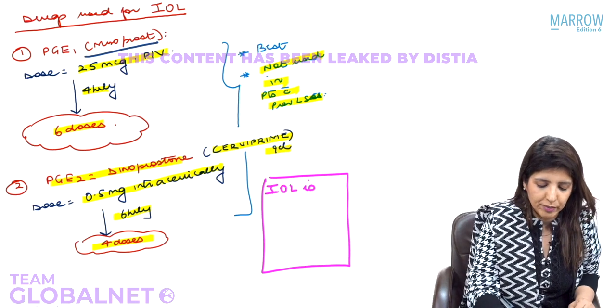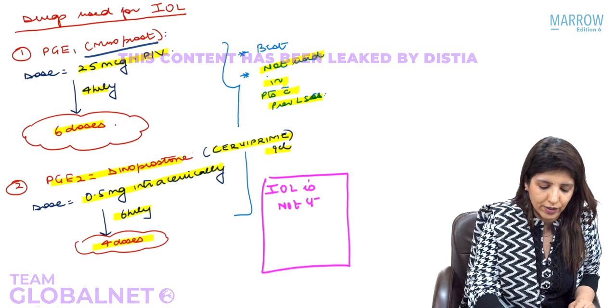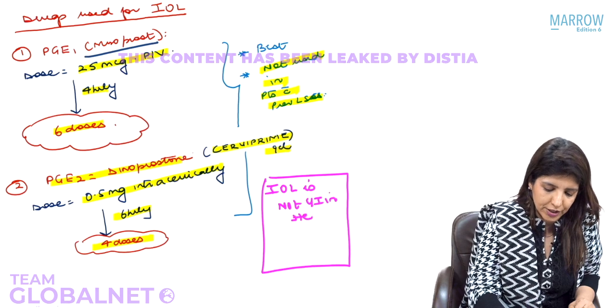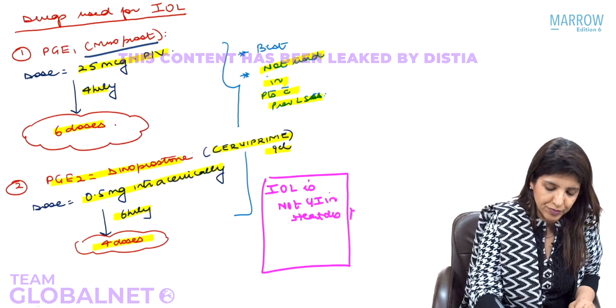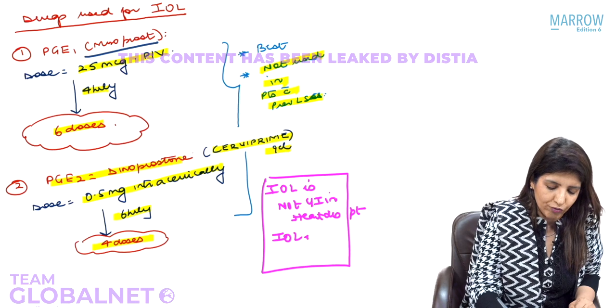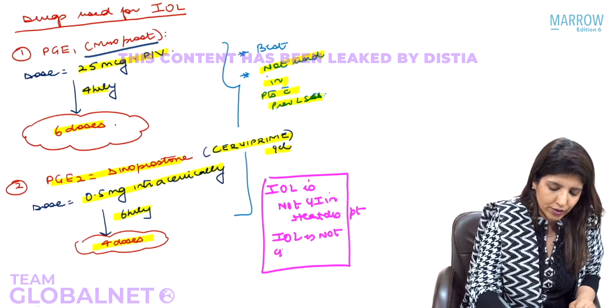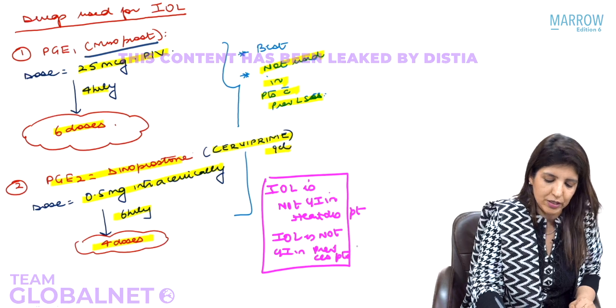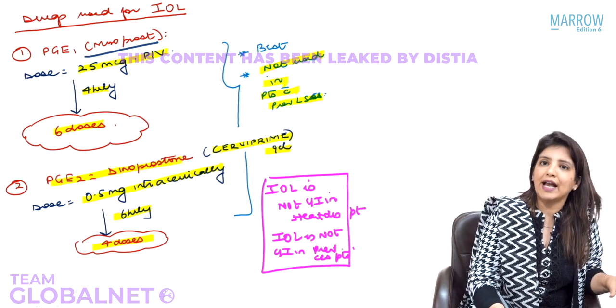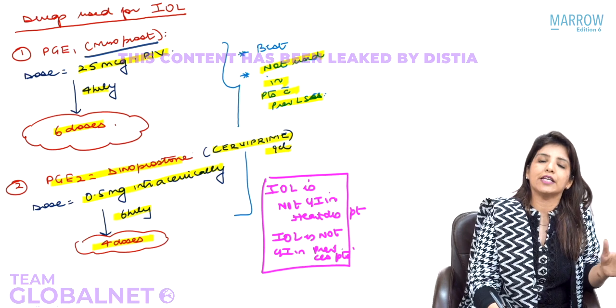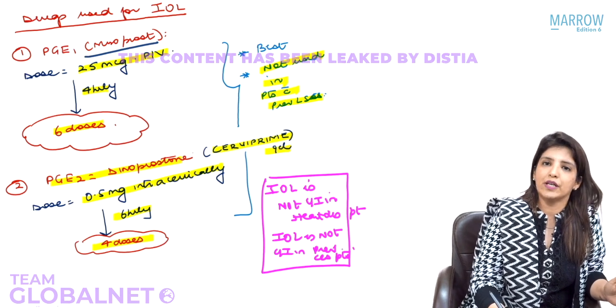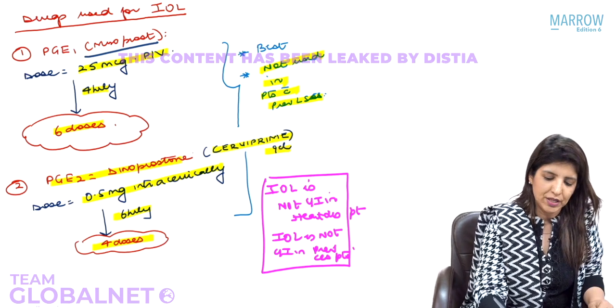Induction of labor is not contraindicated in heart disease patients. Please remember that. And induction of labor is not contraindicated in previous cesarean patients. Yes, prostaglandins are contraindicated as inducing agents in previous cesarean section patients, right?